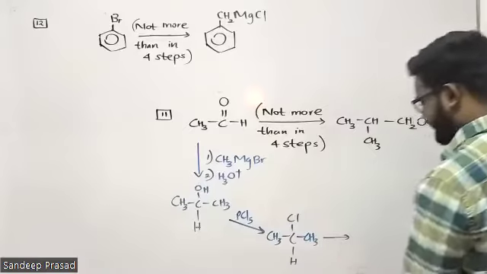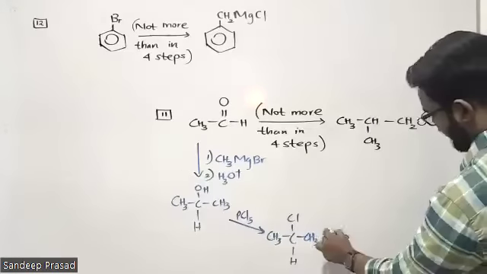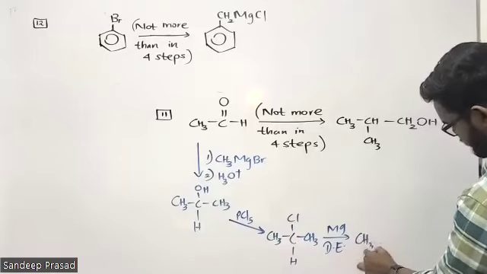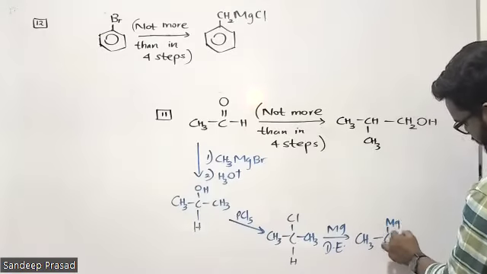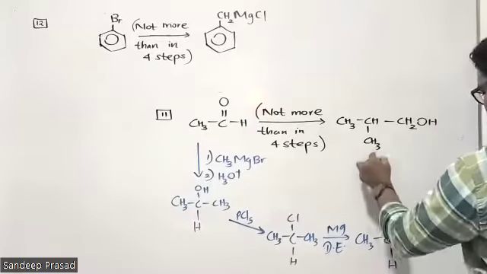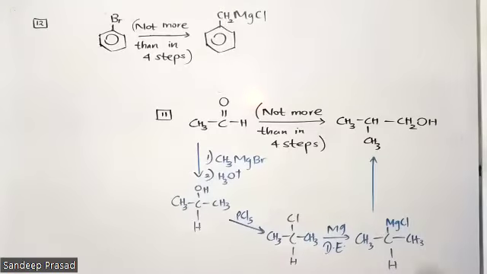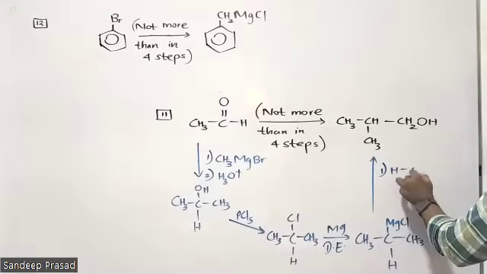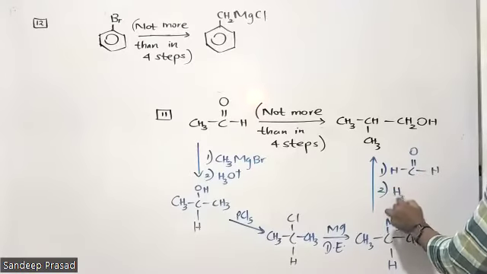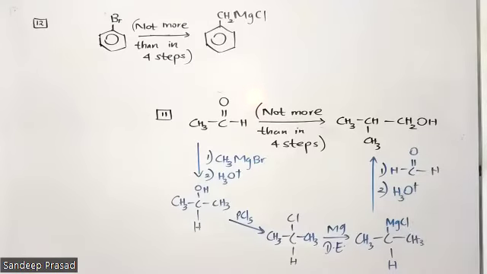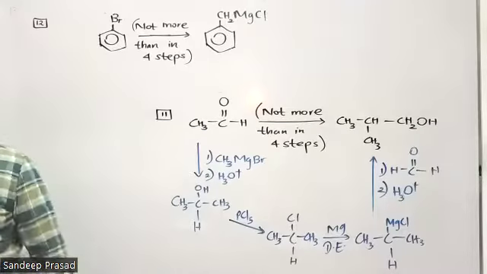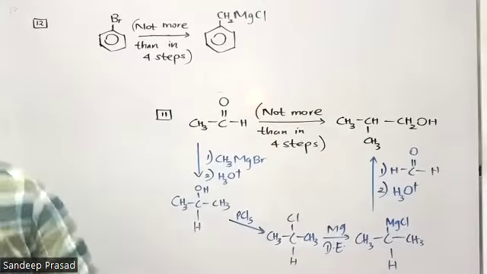And again it can be converted into Grignard reagent by adding magnesium in dry ether. And then we are going to add methanal, secondly H3O plus. Then we can obtain this one. So that's a simple conversion. 1, 2, 3, 4, 4 steps.